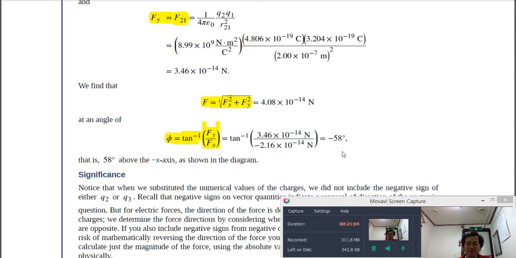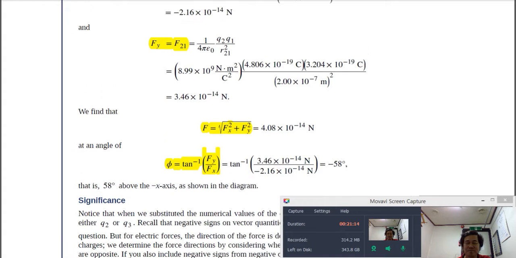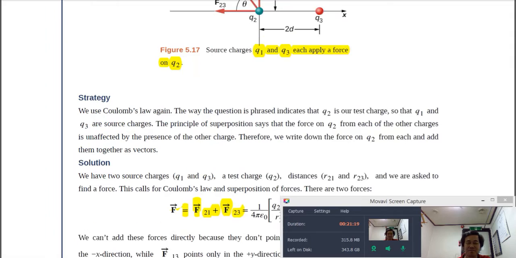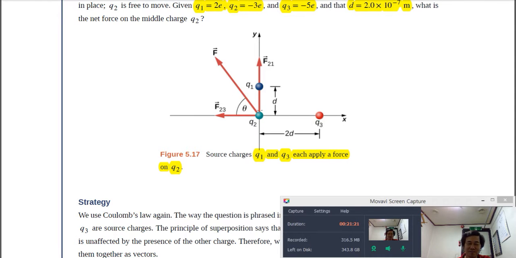What that means is the force is in this direction, not this direction. So this angle is 58, but the force is in that direction.